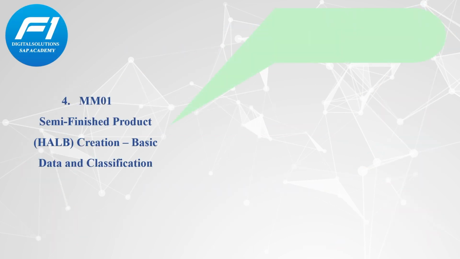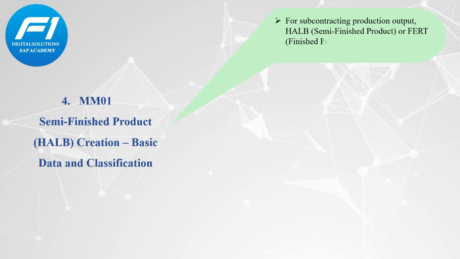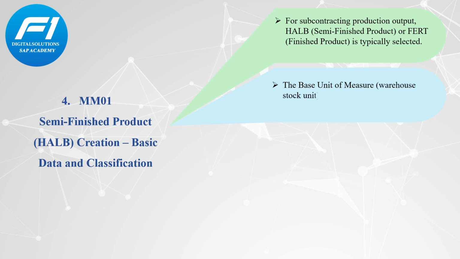MM01 semi-finished product. HILB creation, basic data and classification. Now we create the output product. For this, we usually select HILB or FAR. HILB means semi-finished product. FAR means finished product. Next, we must define the units.